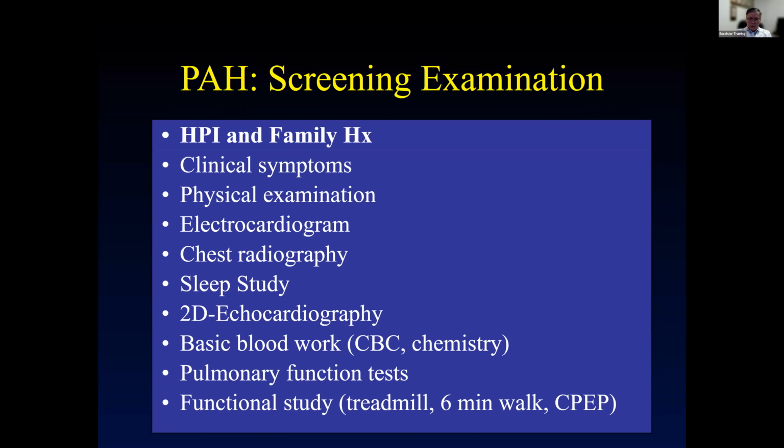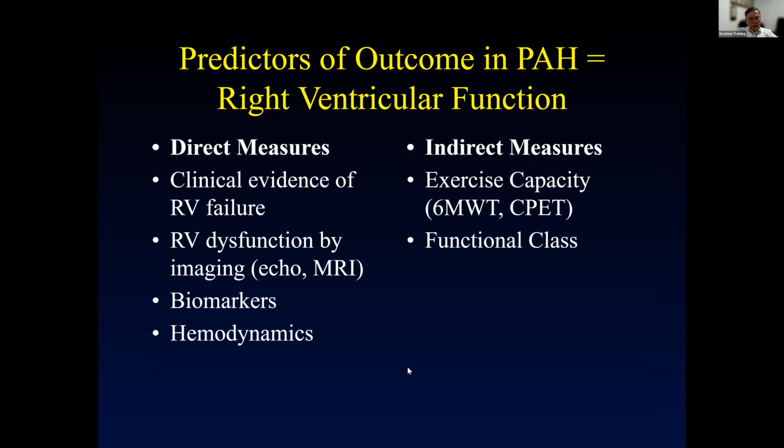And so that is one of the diagnoses you should keep in mind. 2D echo will help you to pick up the right heart abnormalities. Pulmonary function test will help you to find out some of the interstitial or COPD lung disease. And the functional study is important to help you categorize the functionality of the patient with pulmonary hypertension.